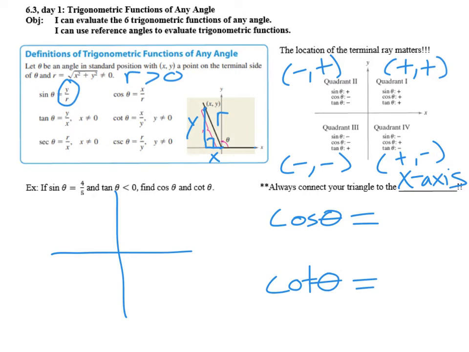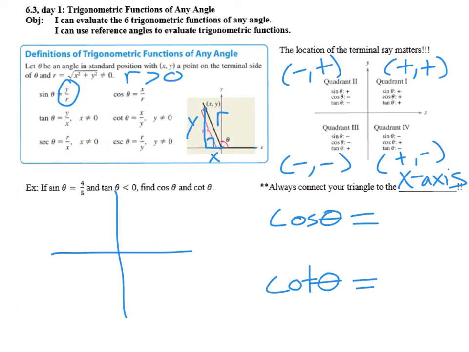The sine value is positive. The tangent value is negative. So I could go to this little chart I have with the quadrants and try to figure out where is sine positive, tangent negative? Where does that happen? Looks like quadrant number 2 is the only place where that's going to be the case.